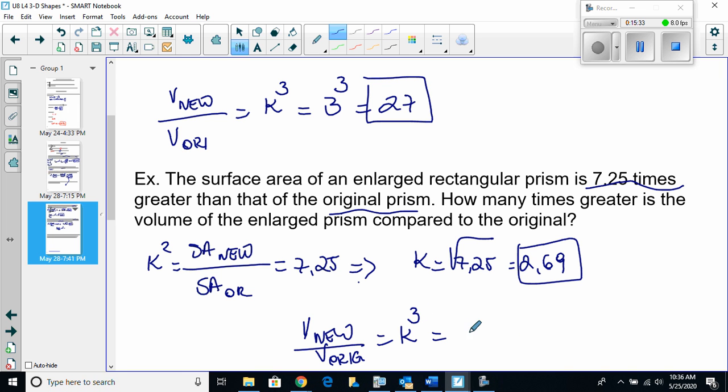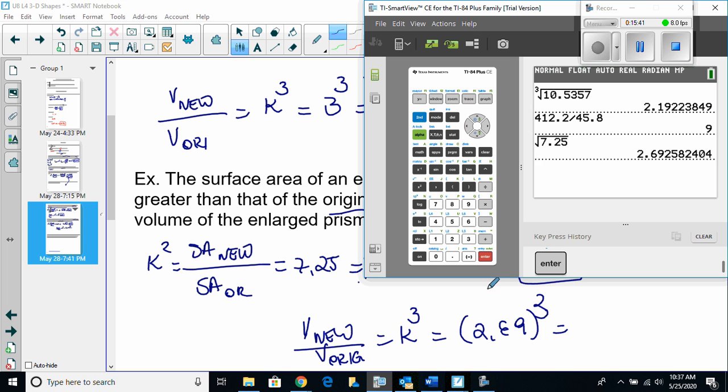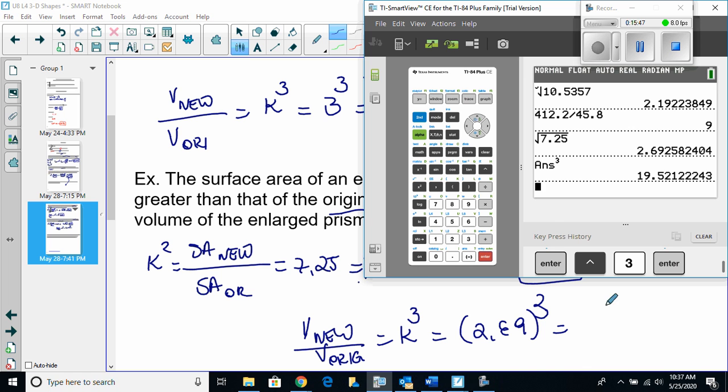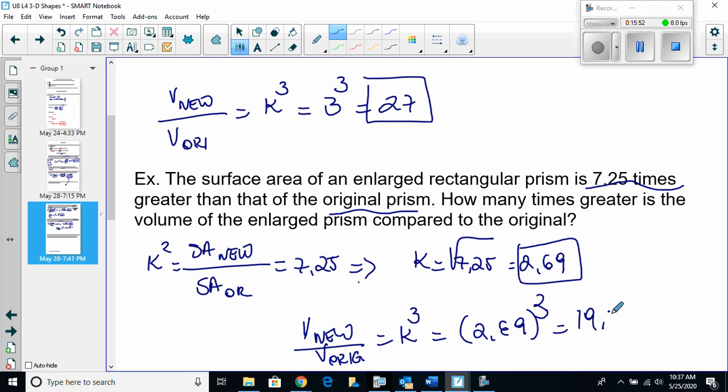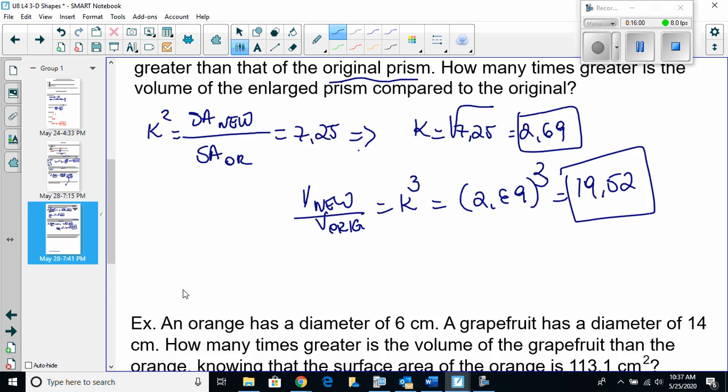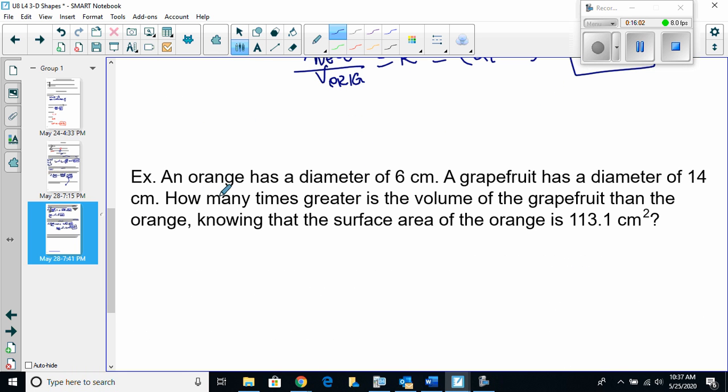We know what k is, 2.69 to the power of 3. So in your calculator, you go, the answer to the power of 3 is 19.52. So this is how many times the volume will be enlarged.